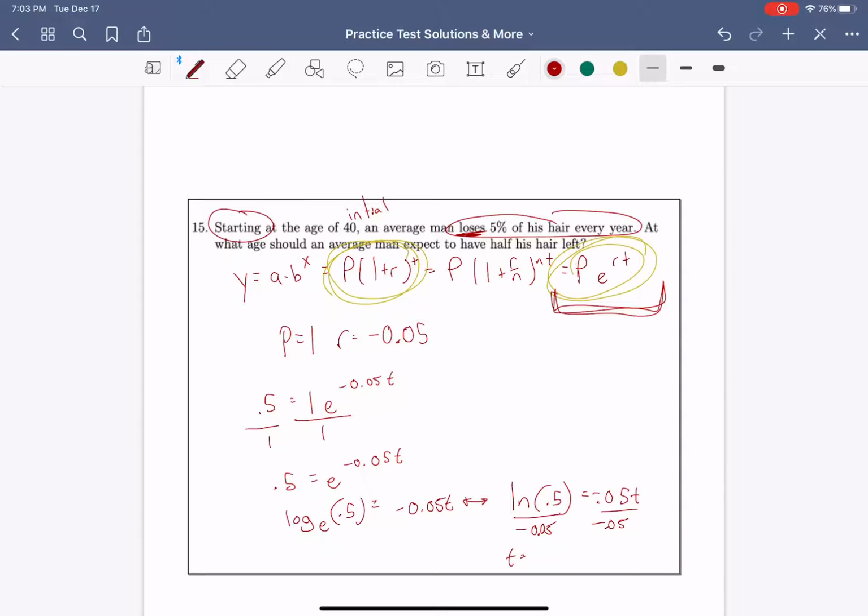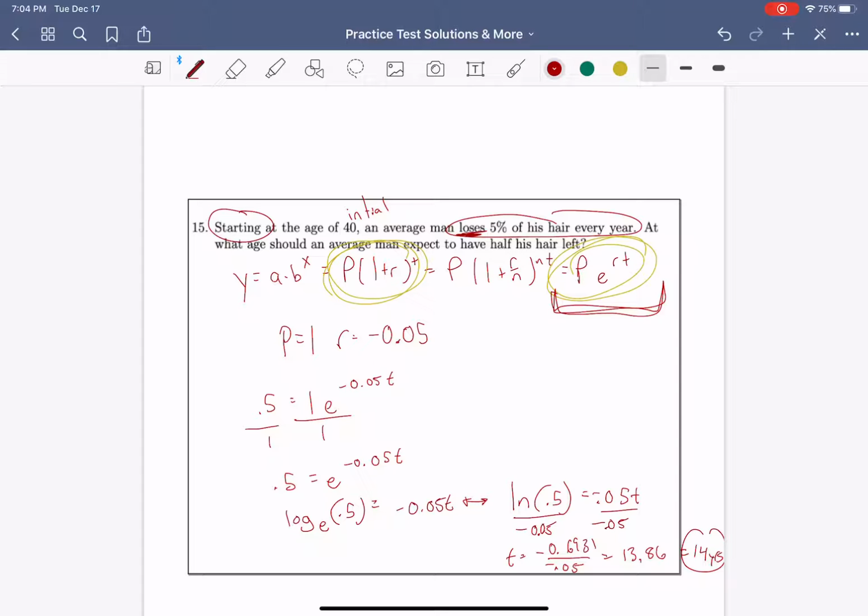So I'm doing the natural log of 0.5 divided by negative 0.05, and we'll get about 13.86. But remember, we want to round up for time, so we get 14 years. After 14 years, the average guy will have lost half of his hair.